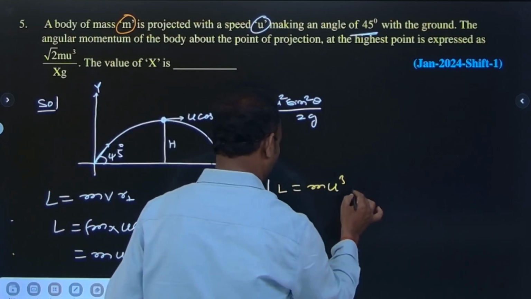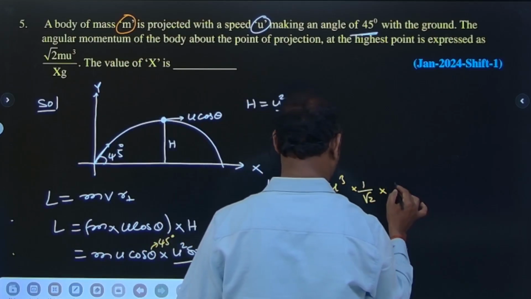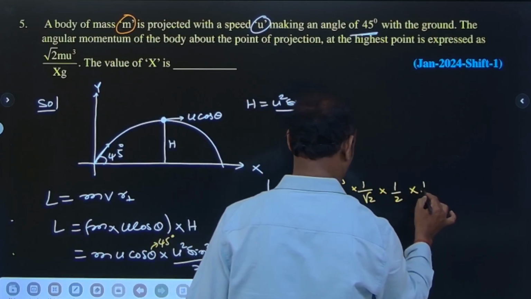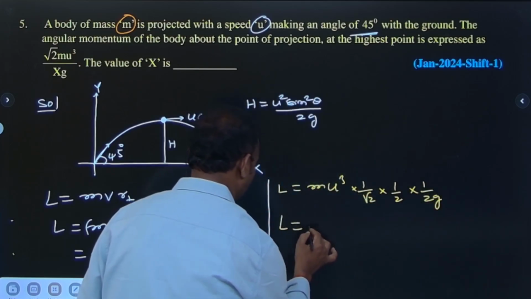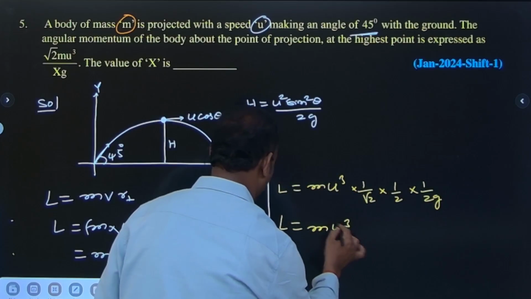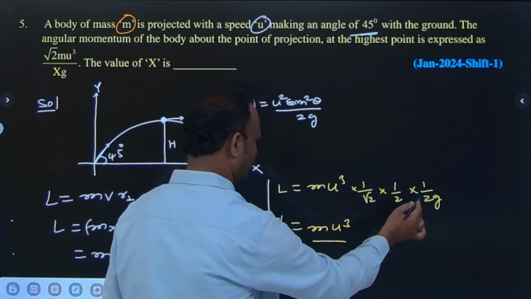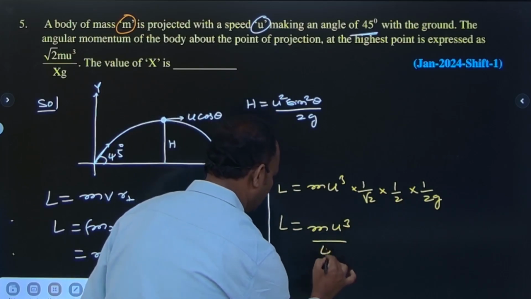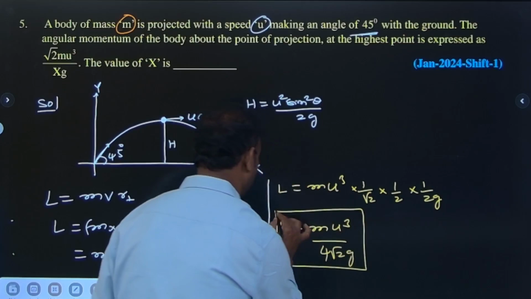So this is 1 by root 2 into 1 by root 2 whole square, meaning 1 by 2, into 1 by 2g. L is equal to m u cube by 4 root 2 g. This is the angular momentum.